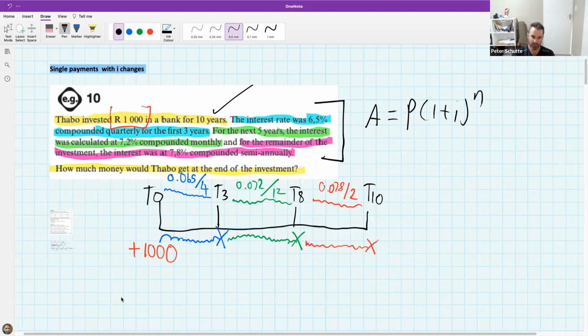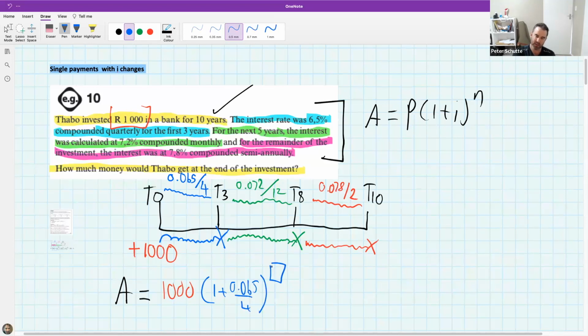So let's start with this. If I have 1,000 Rand in the bank account, and I just want to grow for the blue part, the first 3 years, all I'm going to do is I'm going to use that interest rate. What is the number of time periods going to be for that first blue bit of growing?